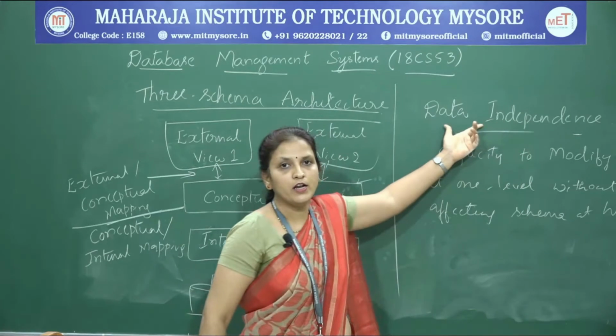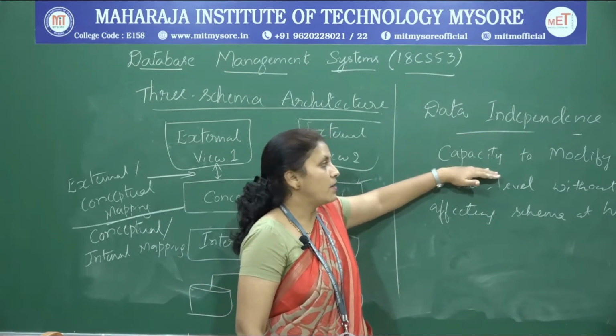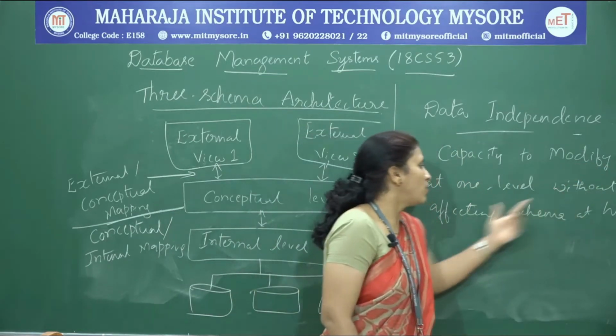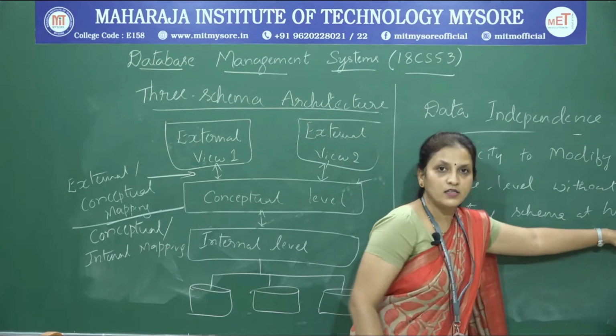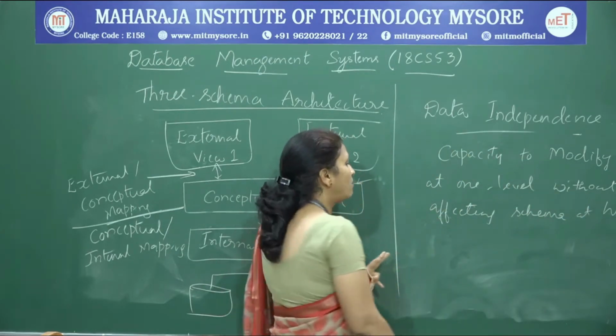So, data independence can be termed as the capacity to modify schema at one level without affecting the schema at the next higher level. Here we come across two types of data independence.